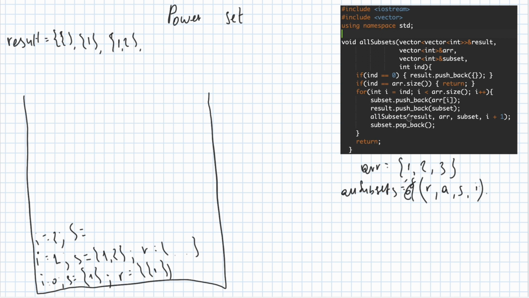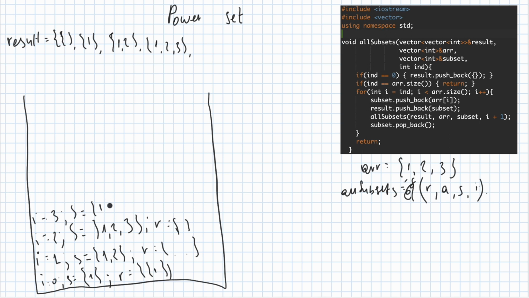When we call the function again, index is now equal to 2. So we say subset push back array at index 2, which is 3. So 1, 2, and 3 are now in our subset, and this subset is pushed to our result. So now we have 1, 2, and 3. And we increment I again.